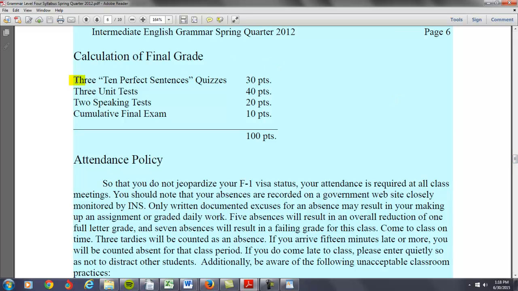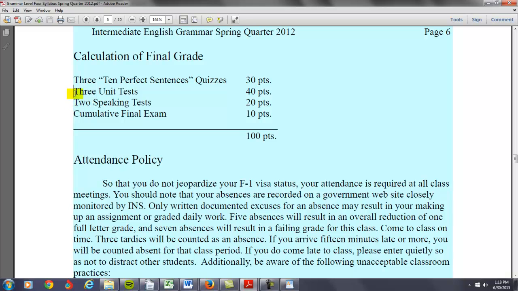When I taught grammar, now remember that this is before all the new guidelines and things, and we have to make some changes to this, but I had 3 10-point sentence quizzes that I did, so that was 30 points, 10 points apiece. I had 3 unit tests. I had a unit test that covered adjective clauses, another that covered noun clauses, and another that covered gerunds and infinitives.